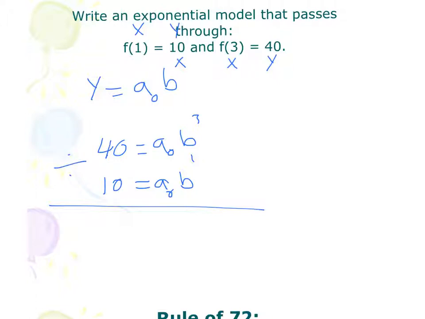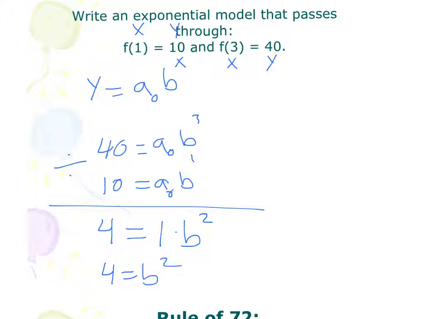Here, I need to divide. 40 divided by 10 is 4. A sub 0 divided by a sub 0 is 1, which essentially, with an exponential model, gets that variable to cancel. And then b to the third divided by b, by a property of exponents, would be b squared.